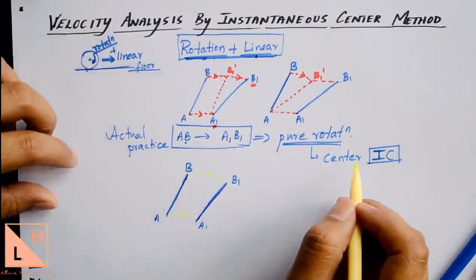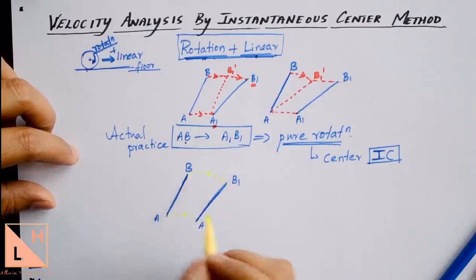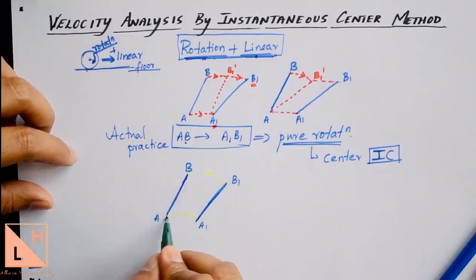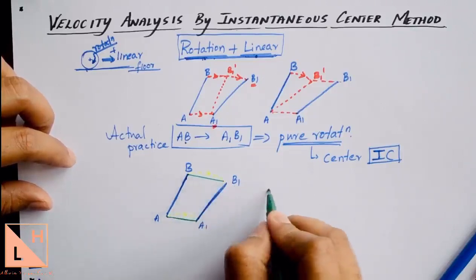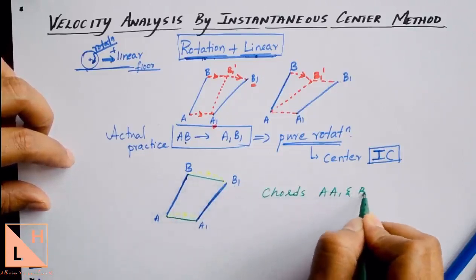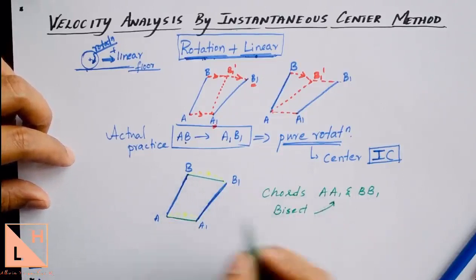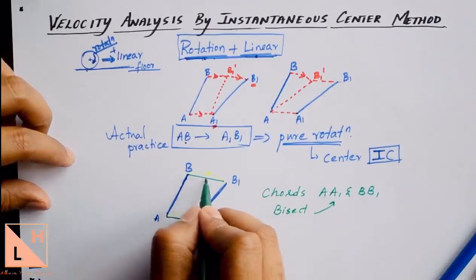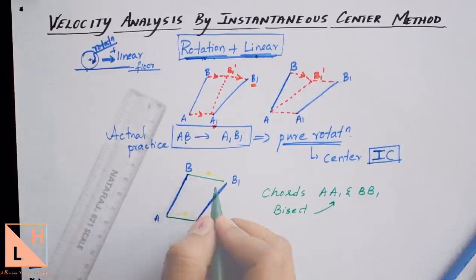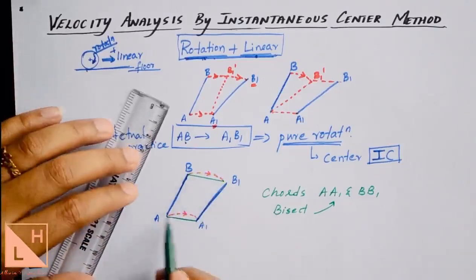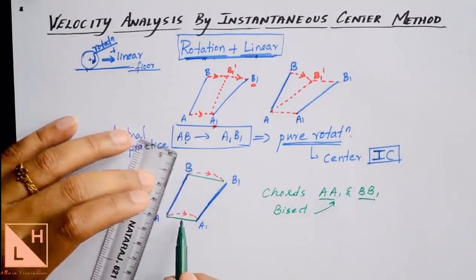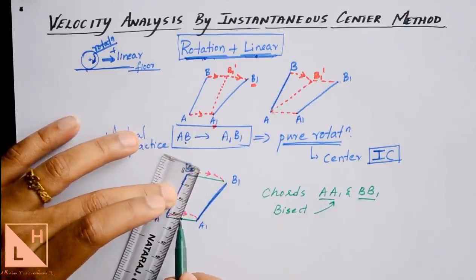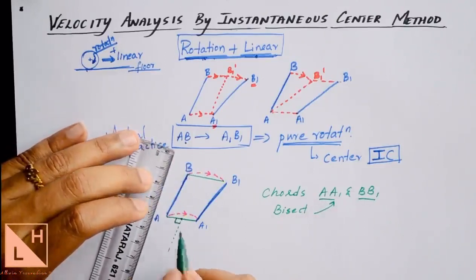You are able to identify that center by bisecting the chords AA1 and BB1. We have chords formed because of this rotation. Locate the midpoint of the chord and draw a perpendicular line, at 90 degrees.